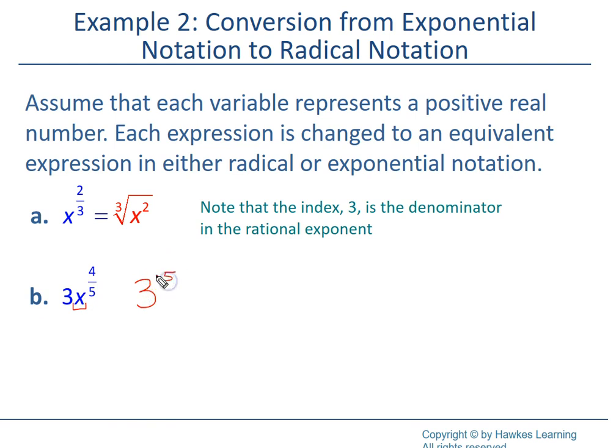The 5 will be our index number, and it will be x to the 4th. So don't make that error of saying that all of this is under the radical sign. Only the item immediate to the left of the exponent, and not the 3. Big error for students.